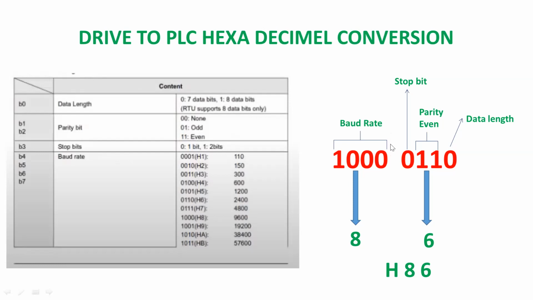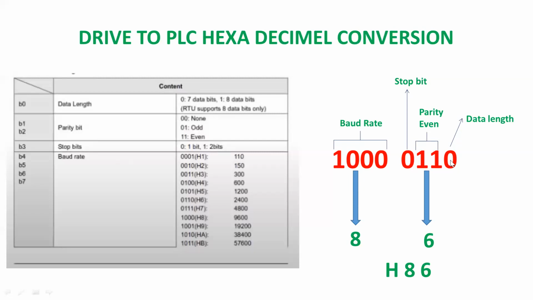Okay, the first four bits have one value and the next four bits have one value. The first four bits are 0110. How much is that? It is 6. The next four bits are 8.